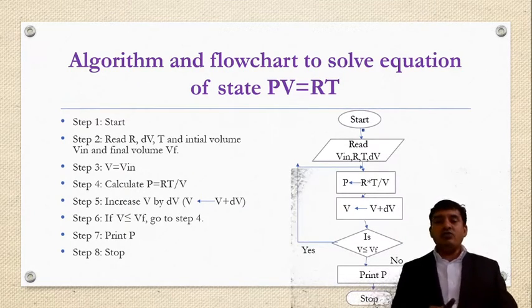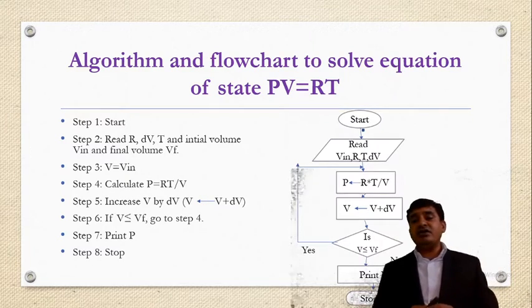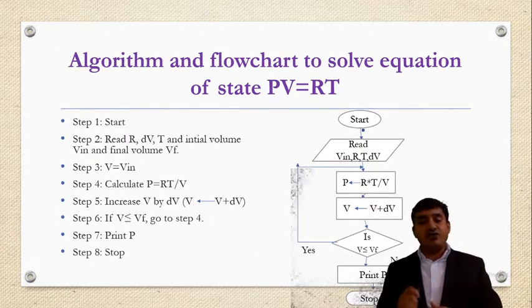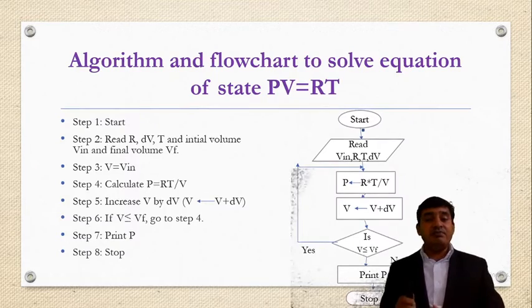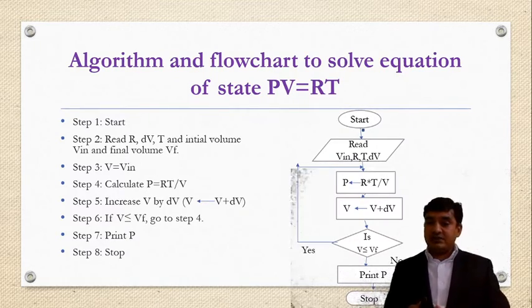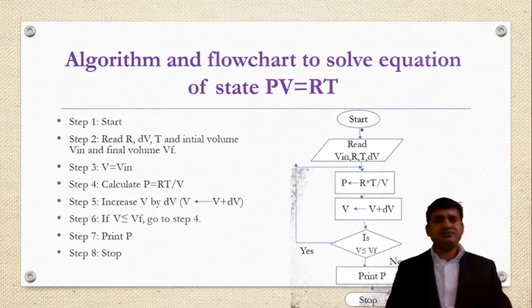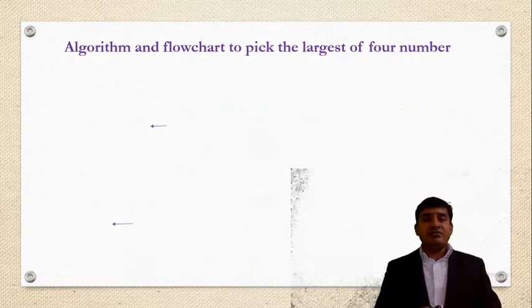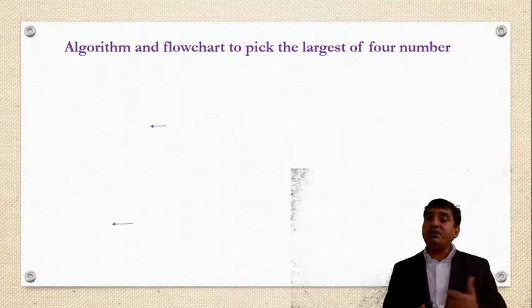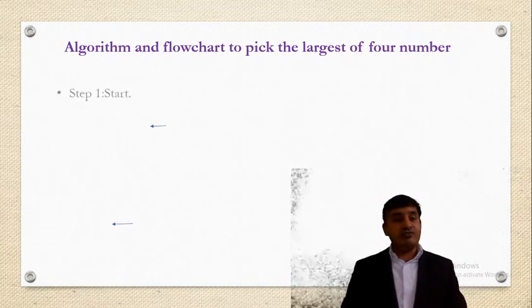When volume is greater than final volume Vf, then print P, that is pressure. Then stop.